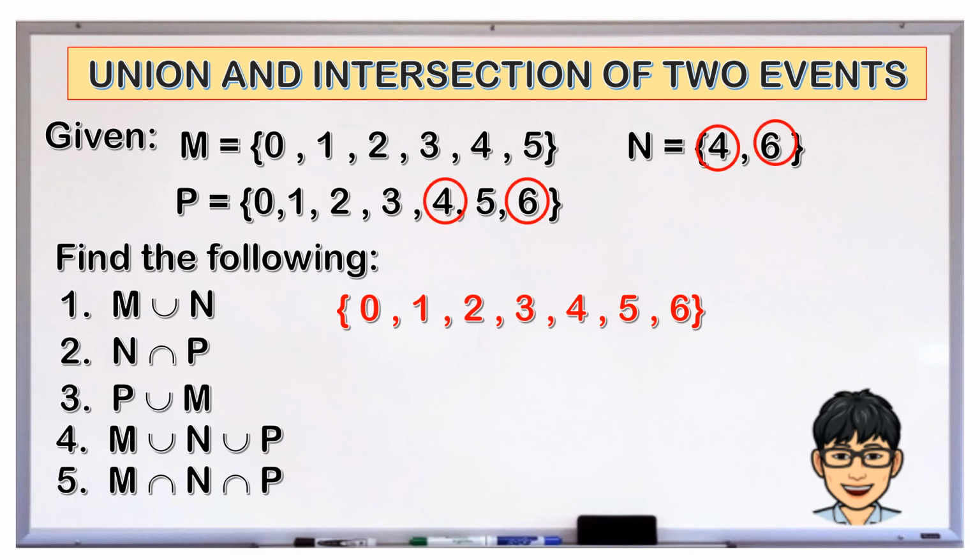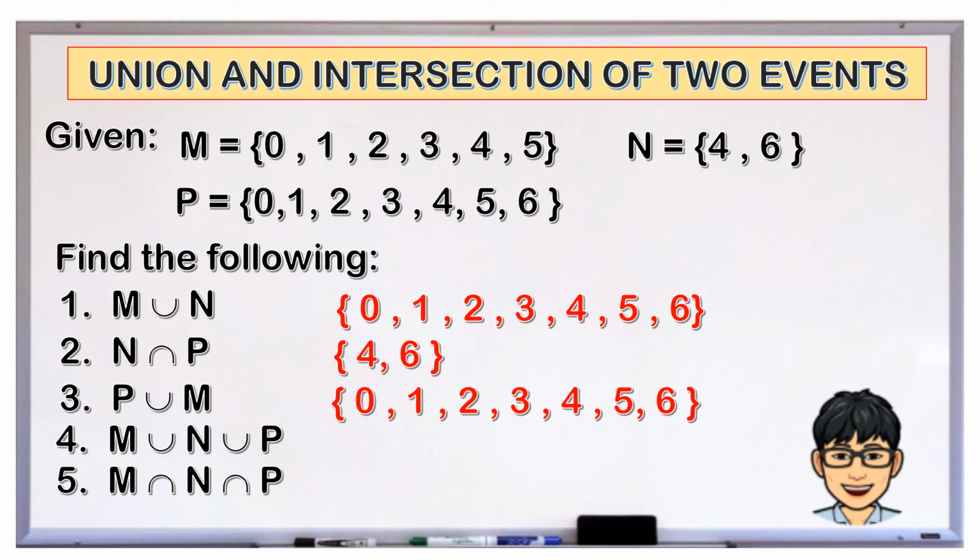Ano-ano yon? 4 and 6. Therefore, N intersection P equals 4, 6. Number 3, P union M. So, dito naman, let us combine the elements of event P and event M. So, therefore, we have 0, 1, 2, 3, 4, 5, and 6.